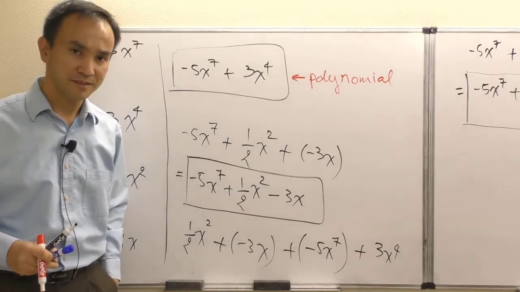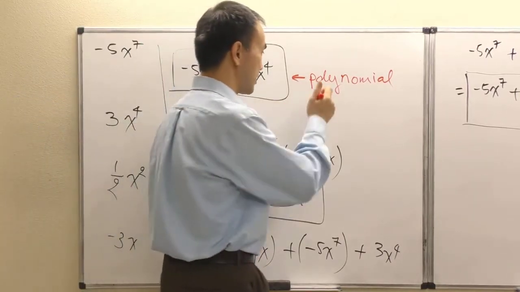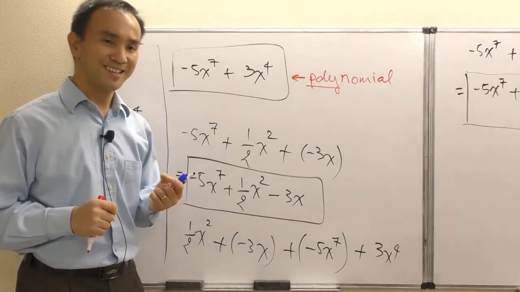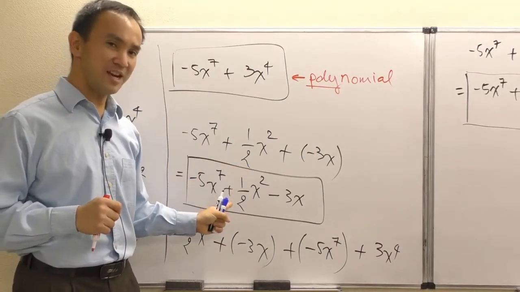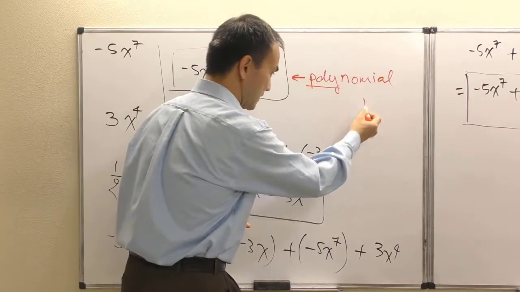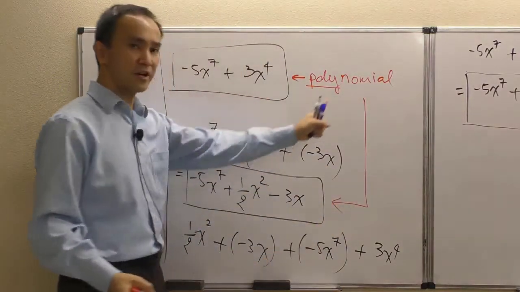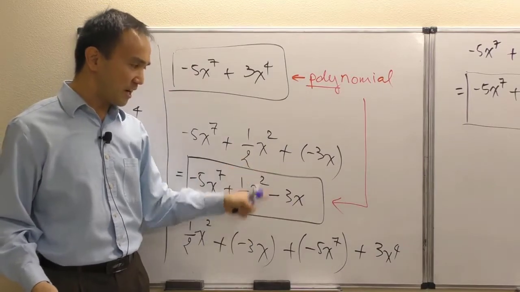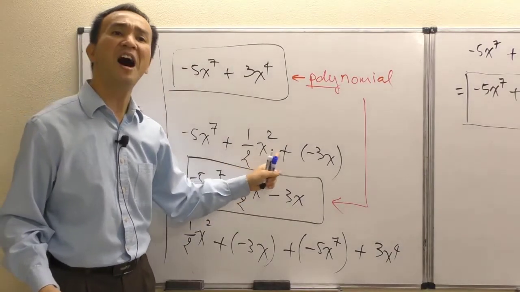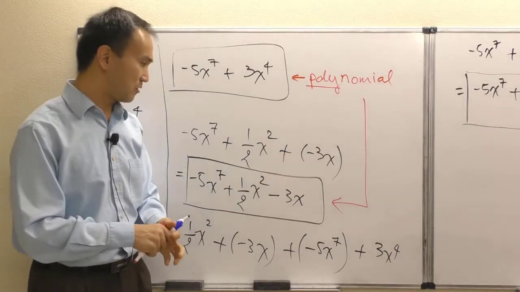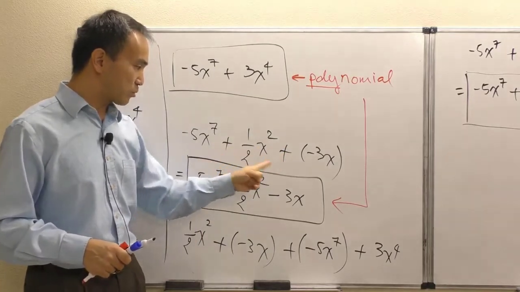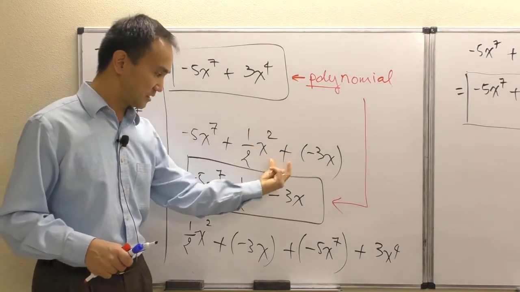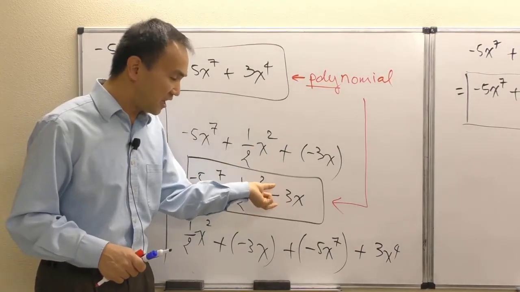I just explained the term poly, it means many or multiple. And this one here is also another polynomial. Any of these is already a polynomial, but it's just not in a final form.